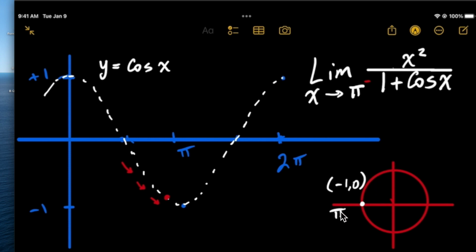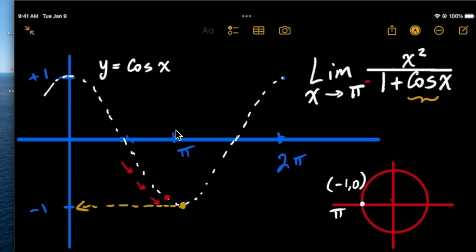Okay, here's all important pi. That's what we're looking at. The cosine of pi is -1. So at pi, cosine of pi is -1. Y equals -1. We plug in -1 here. How do I know y equals -1? Look at our graph right there.